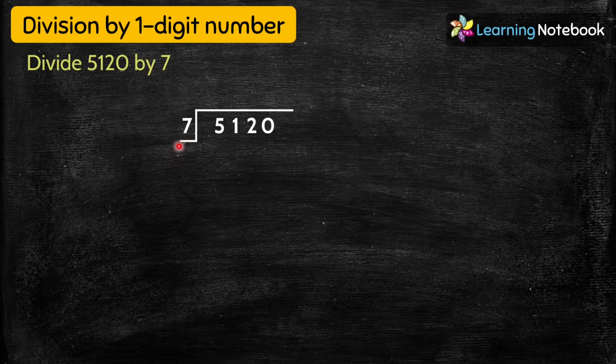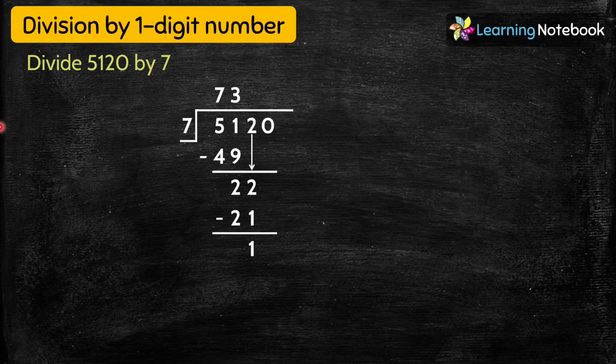And we know 7 into 7 equals 49. 51 minus 49 equals 2. Copy the next digit 2. So we have to divide 22 by 7. 7 into 3 equals 21 and 22 minus 21 equals 1.